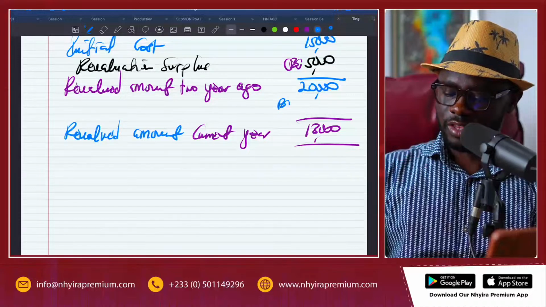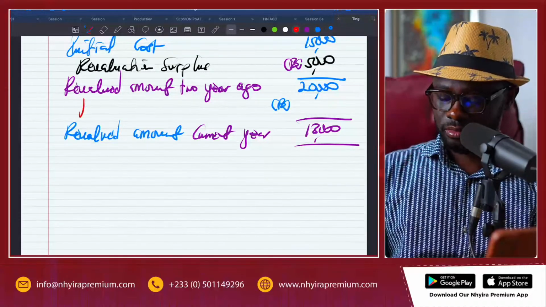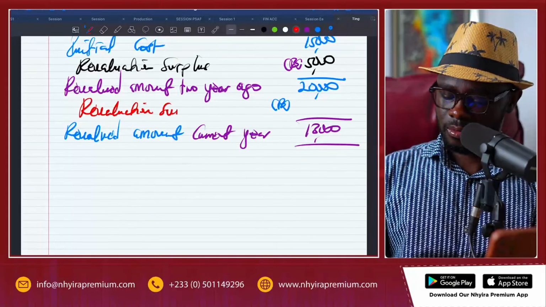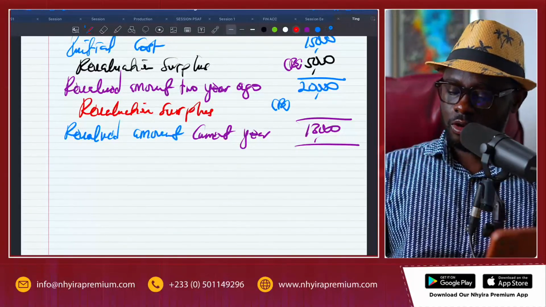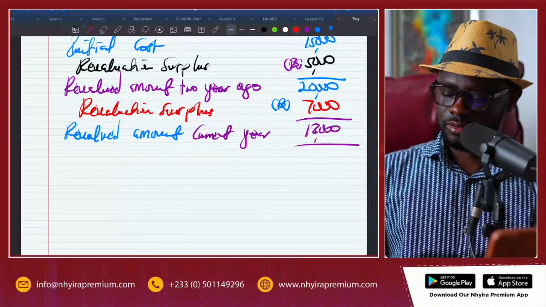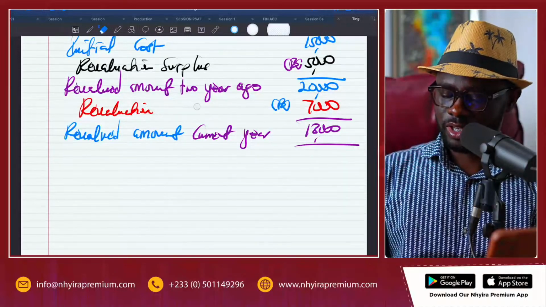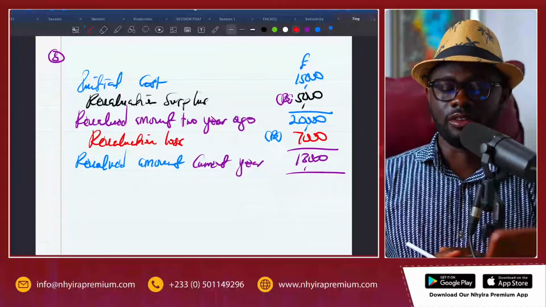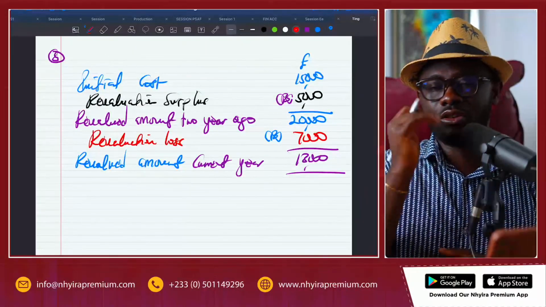So the balancing figure is not a surplus, it's a revaluation loss, 7,000. So how do we account for this?